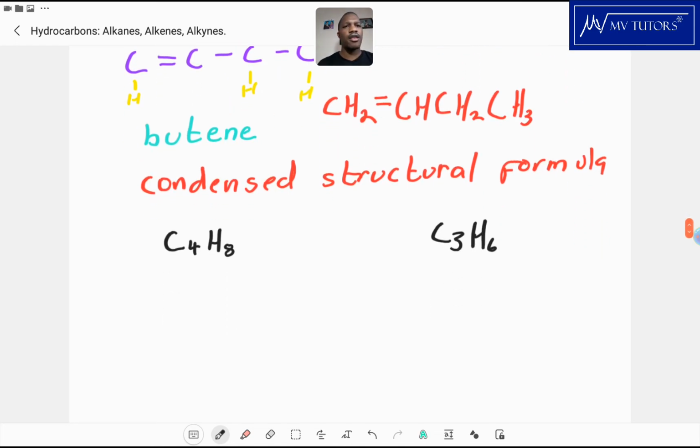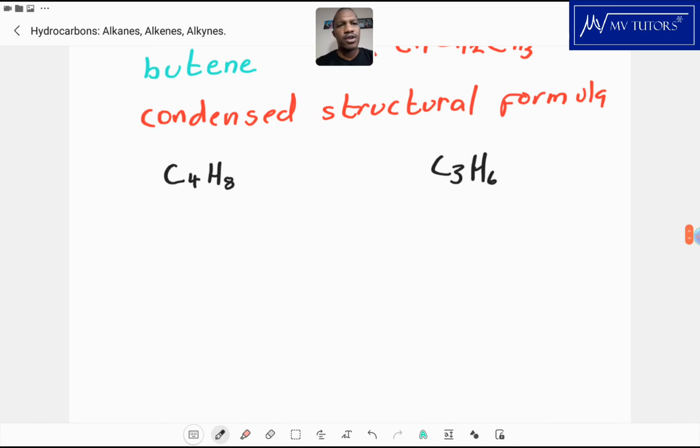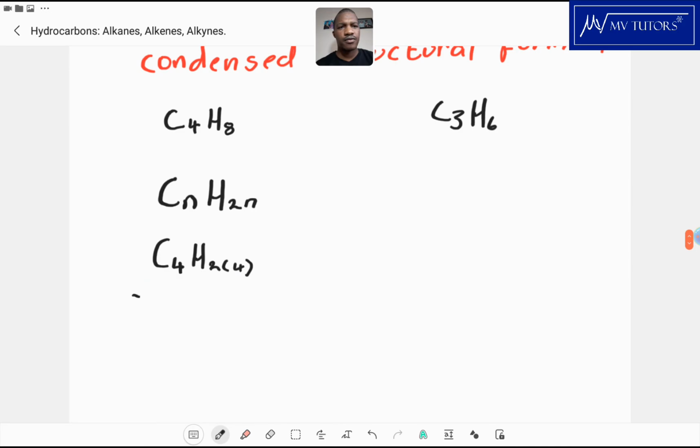Okay. Or otherwise, you can use the general formula. If you remember the general formula, it's CnH2n. So that means if n is represented by 4, H will be 2 times 4. That's it. So you'll have C4H8.